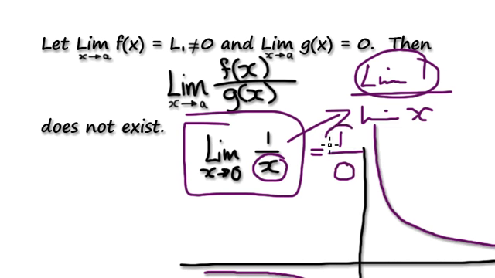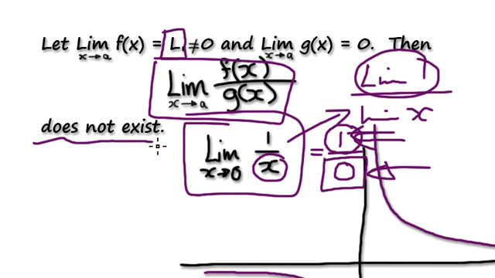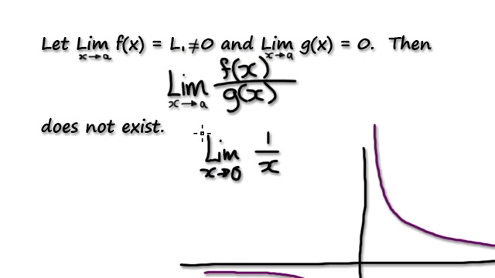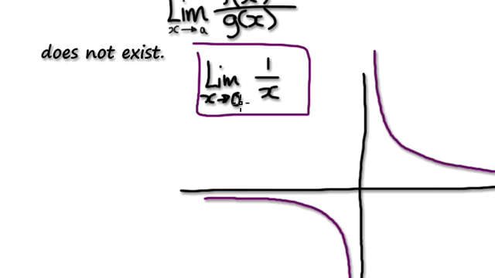So here we've got a definite limit other than 0, because 1 is anything other than 0, and the bottom has a limit of 0. Whenever you have a limit at the top and 0 at the bottom, you can say the whole thing does not exist. So as x approaches 0, the limit does not exist.